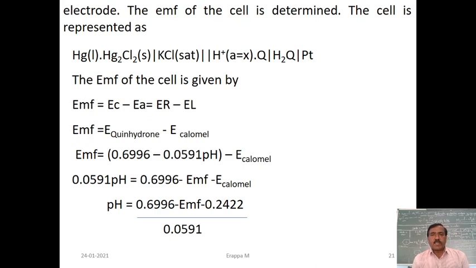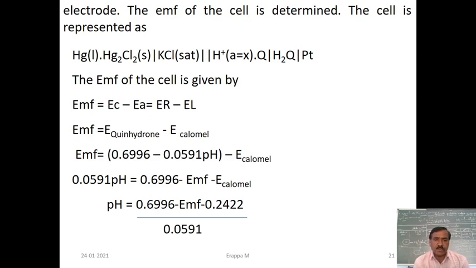That means in order to find out the H plus, quinhydrone is added. The EMF of the cell is given by Ec minus Ea, that is ER minus EL. EMF is equal to E quinhydrone minus E calomel. EMF is equal to 0.6996 minus 0.0591 pH, that is the quinhydrone electrode, minus E calomel.